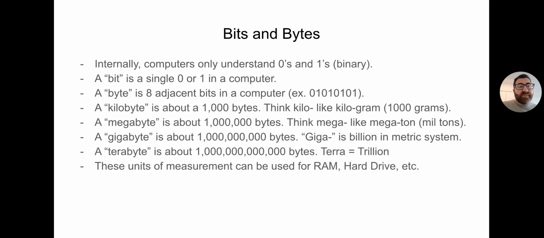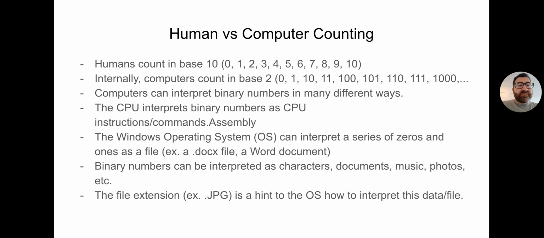Now we're going to talk about how humans count versus how computers count. Humans count in base 10. So humans go 0, 1, 2, 3, 4, 5, 6, 7, 8, 9, 10. Whereas computers only understand zeros and ones, so they count in a system called binary. A computer would start with 0, which is the same, just 0, and then 1 is the same, just 1.